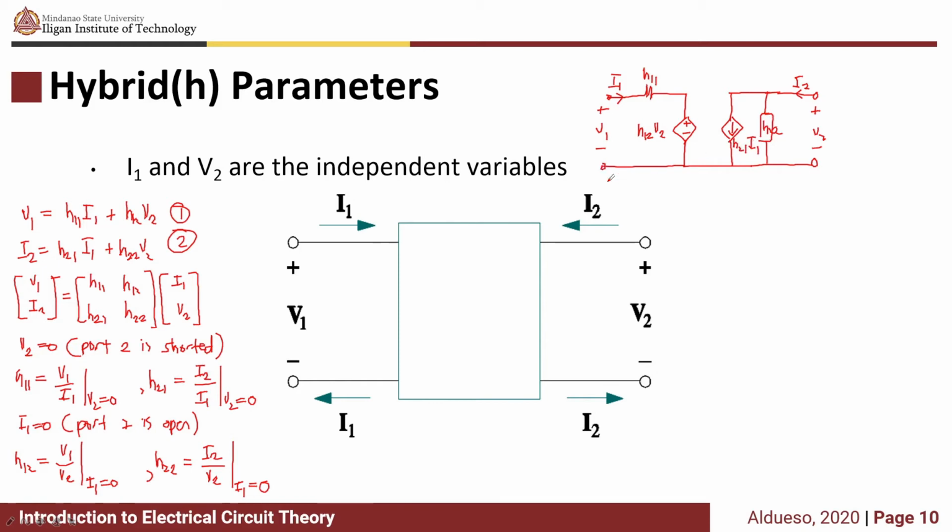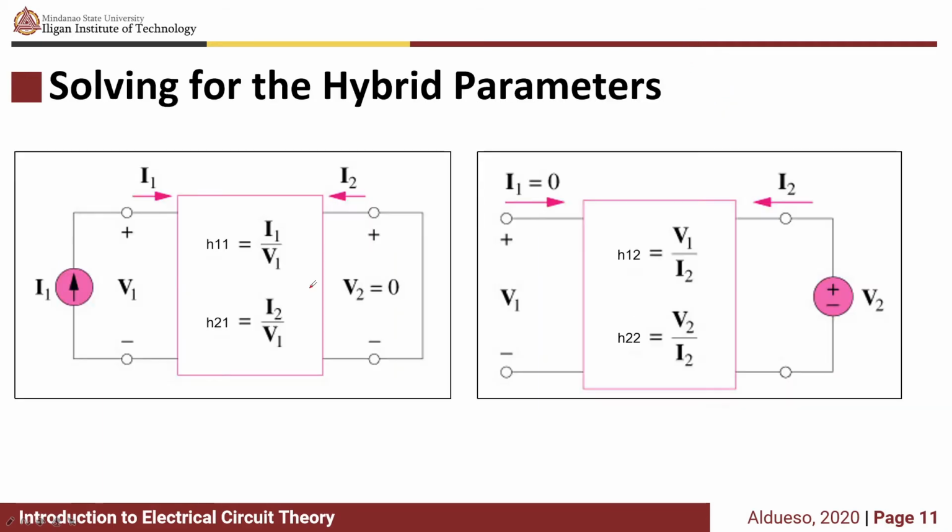So when you take a look at the equivalent circuit of a hybrid parameter, it's just like a combination of the Z parameters and the Y parameters. The figure shows how to solve for the hybrid parameters.